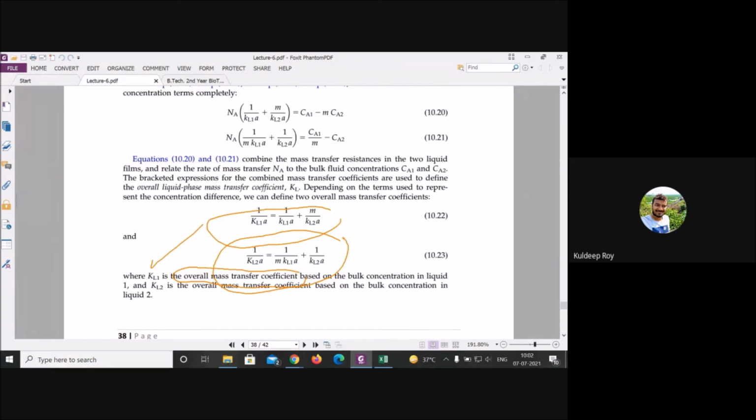This overall mass transfer coefficient correlates both the mass transfer coefficient of A and that of B, or the second compound. It is required whenever you talk about liquid.